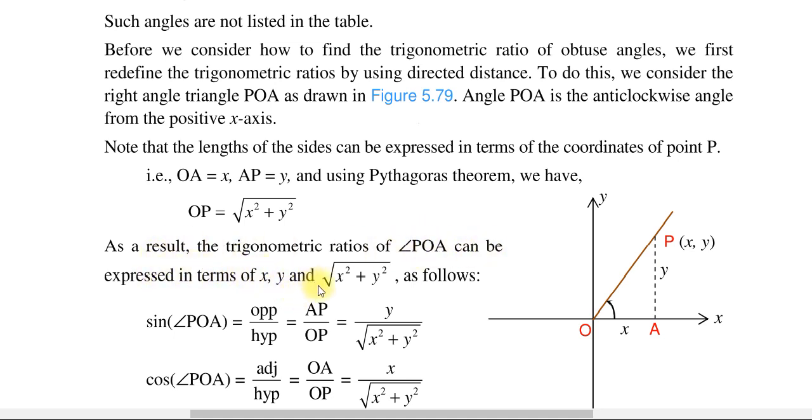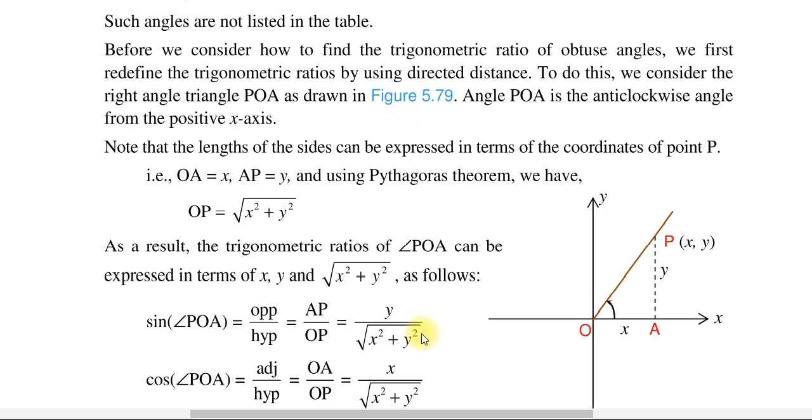So sin angle POA is equal to opposite over hypotenuse, which is AP over OP, which means y over under radical x square plus y square.